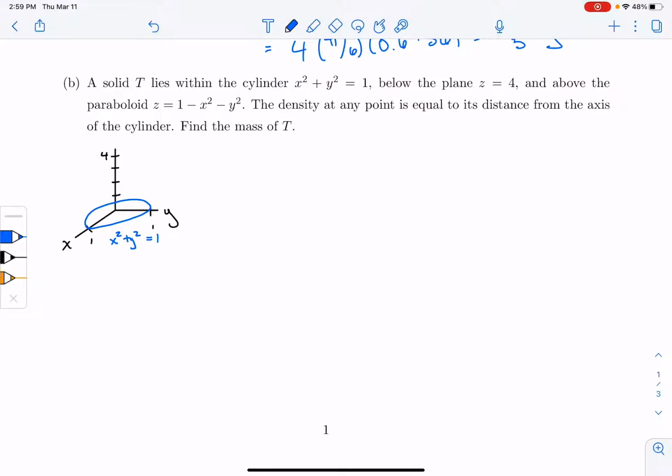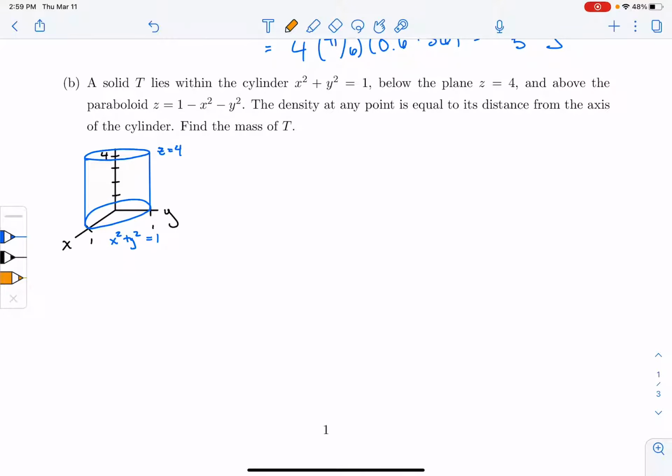And then it's going to extend up from 0 to 4, so that it goes all the way up to the plane z equals 4.